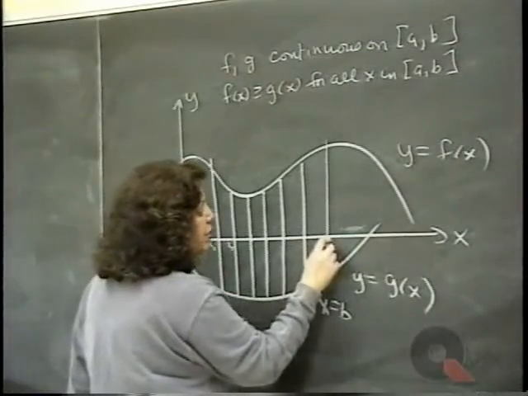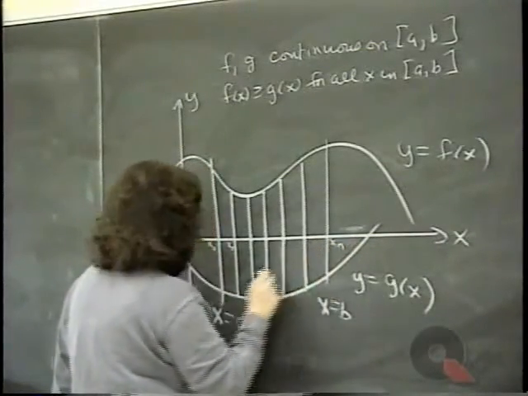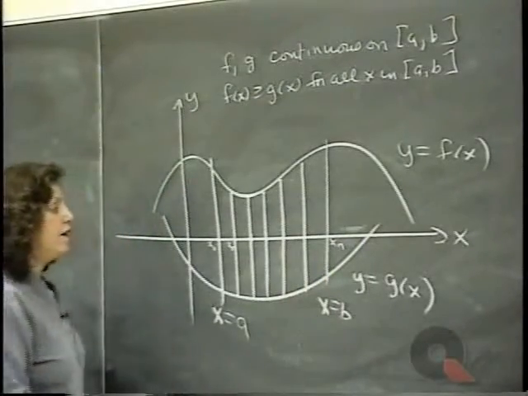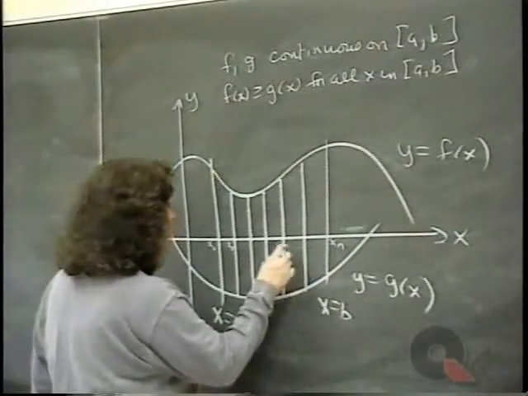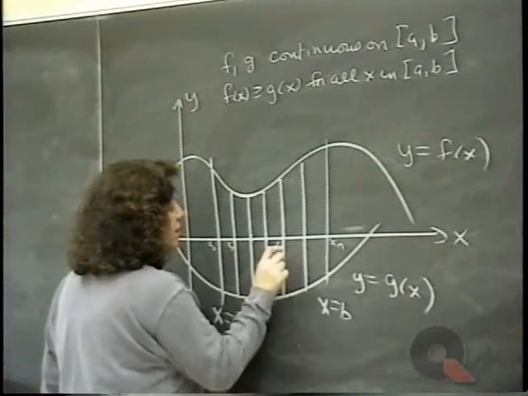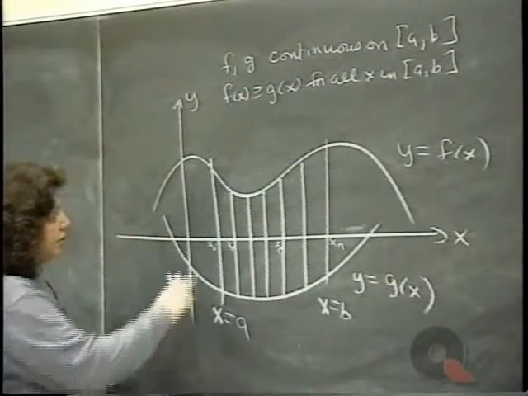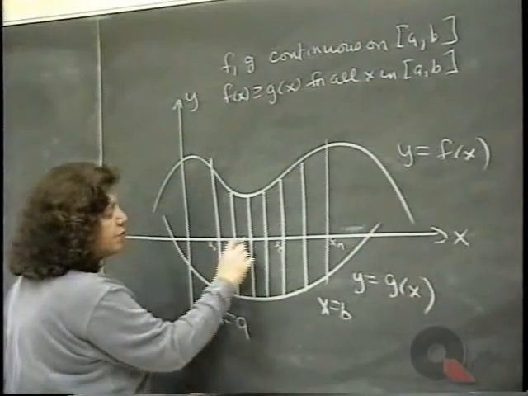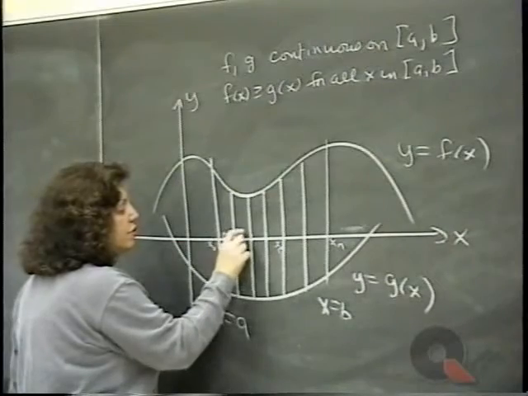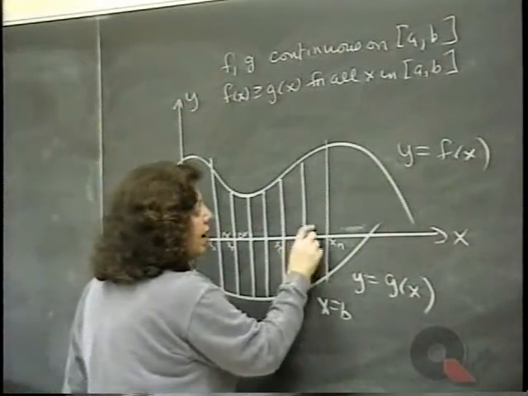This last one could be x sub n. x sub 0 was synonymous with a, x sub n was synonymous with b. We might have had one in the middle somewhere, x sub i. And in each subinterval, and by the way, the distance between the successive x values we called delta x. This is just reviewing material that you had in your classes.